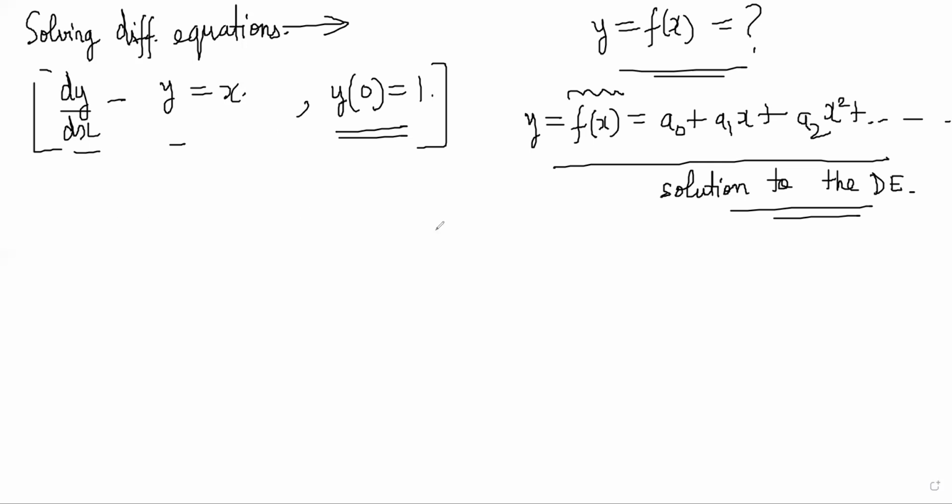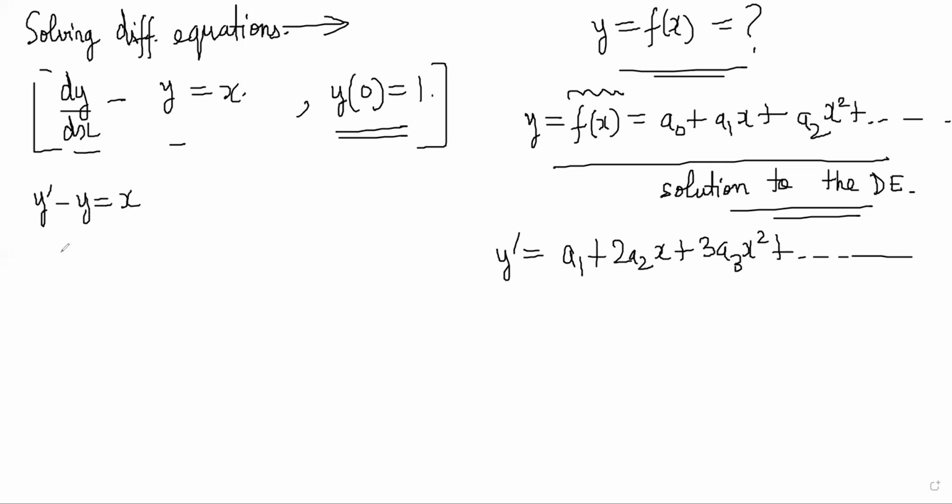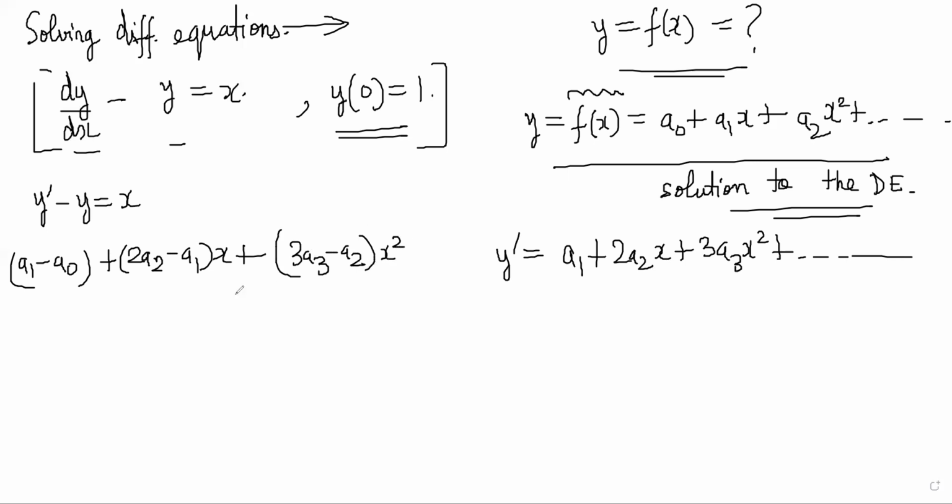So then y dash is clearly going to be a1 plus 2a2x plus 3a3x square and so on. So we have to put that in y dash minus y is equal to x. Therefore, y dash minus y looks like (a1 minus a0) plus (2a2 minus a1)x plus (3a3 minus a2)x square and so on, is equal to x.